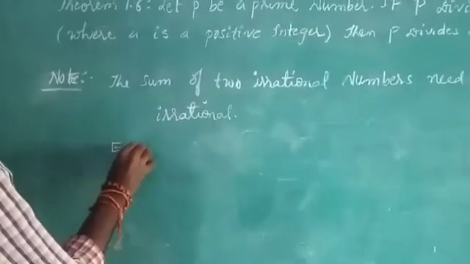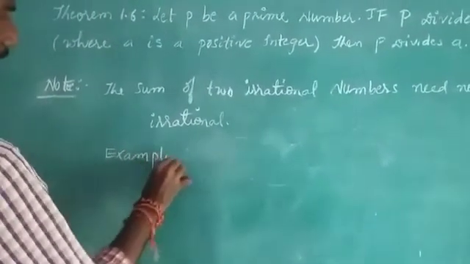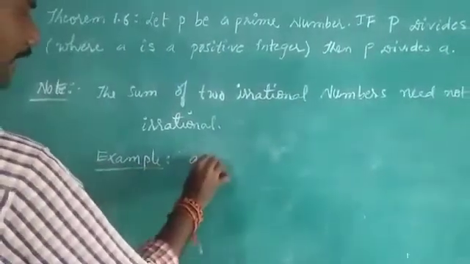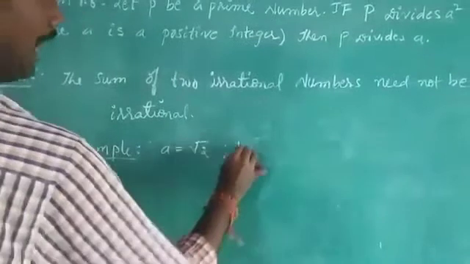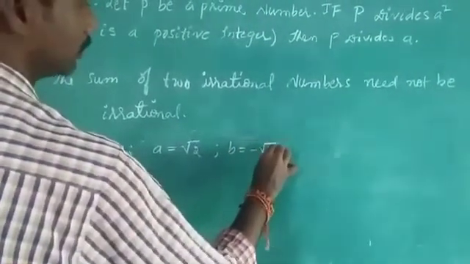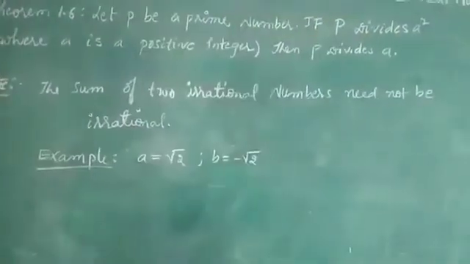I am going to explain the meaning. Let A be root 2 and B be minus root 2. Both are irrational.